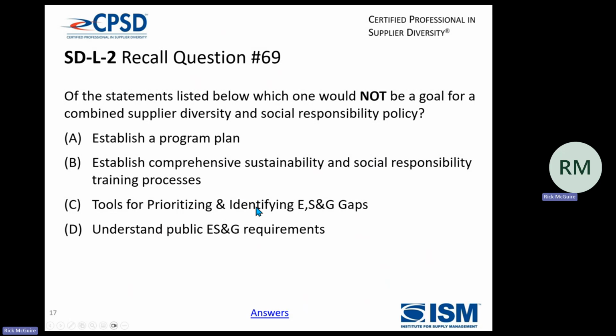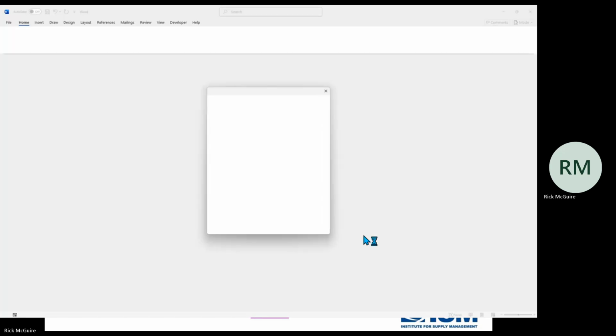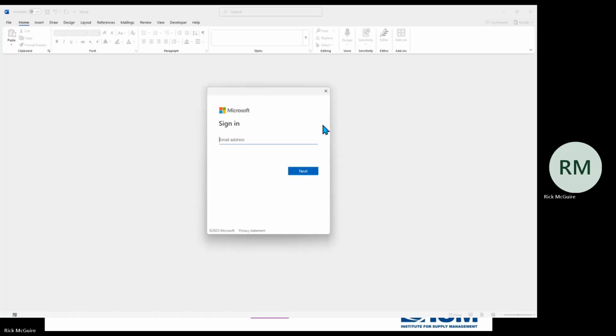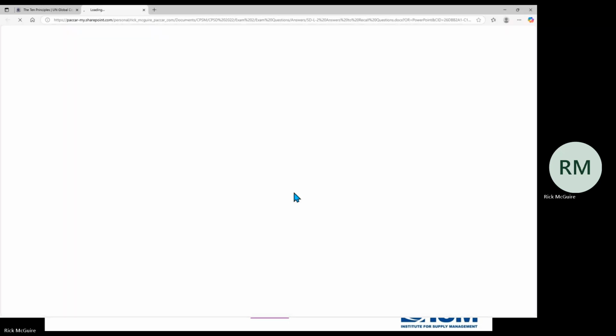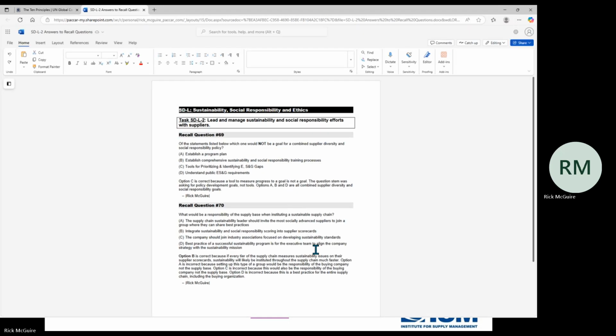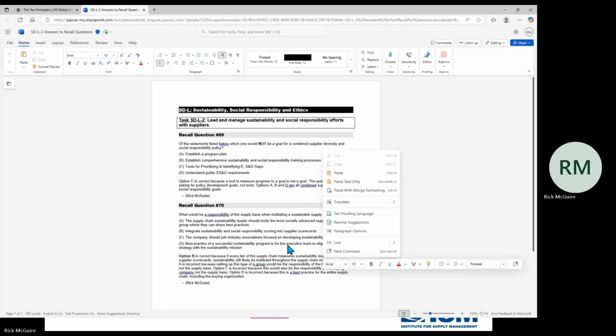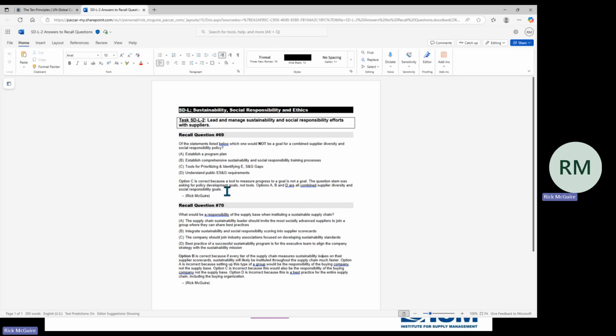This isn't a goal. I'd say C. All right, C it is.